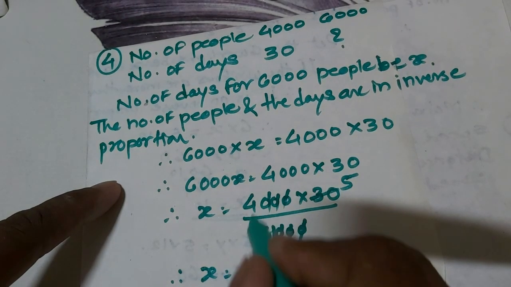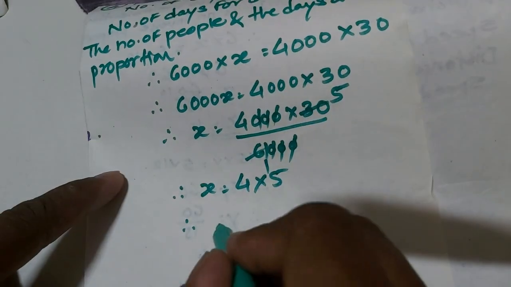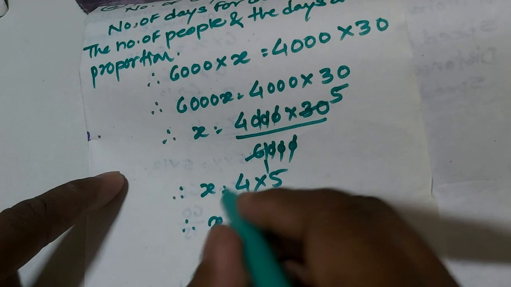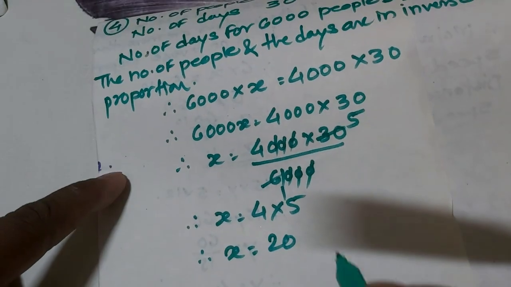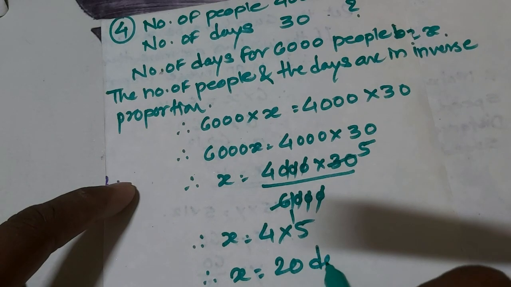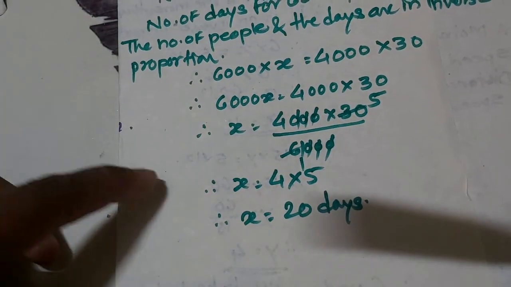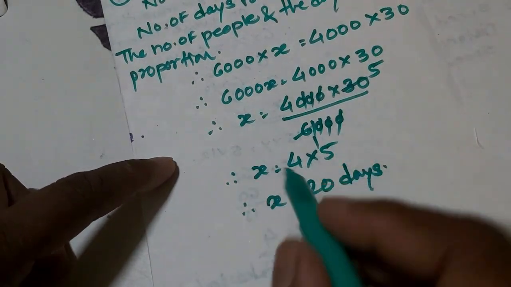Therefore x is equal to 4 multiplied by 5. Therefore x is equal to 4 5s are 20, that is what we are finding, days.